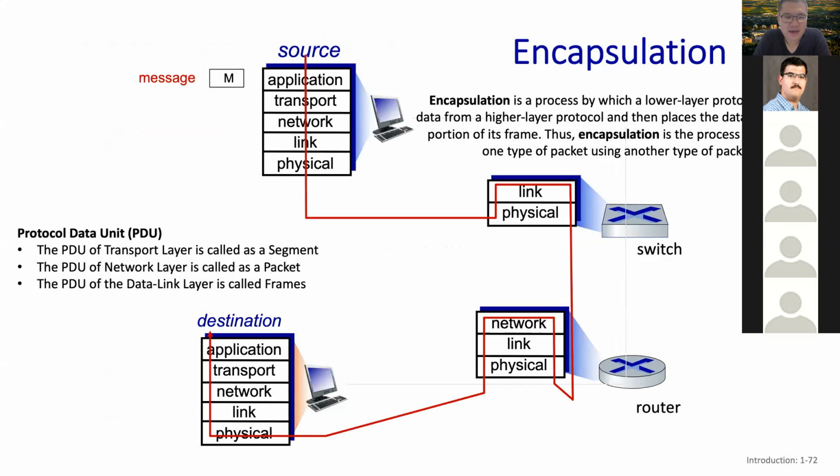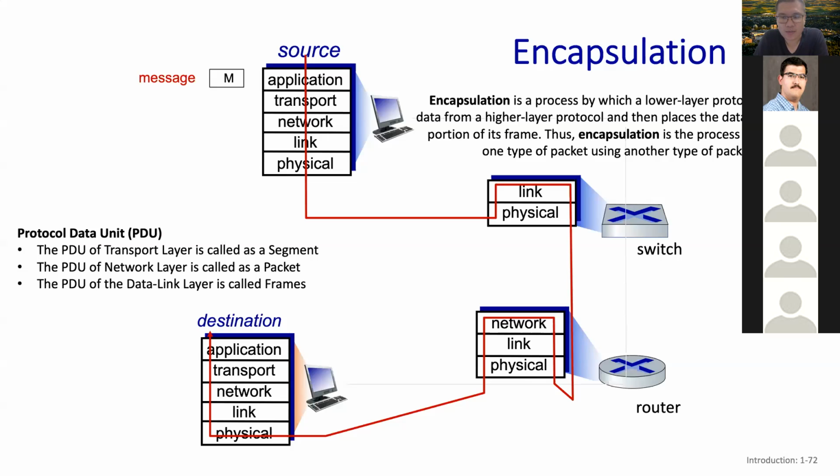Let's see this animation, which shows how a message from the application layer is sent from the source to the destination, going through the different layers.